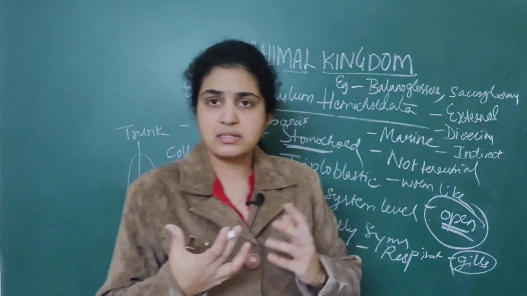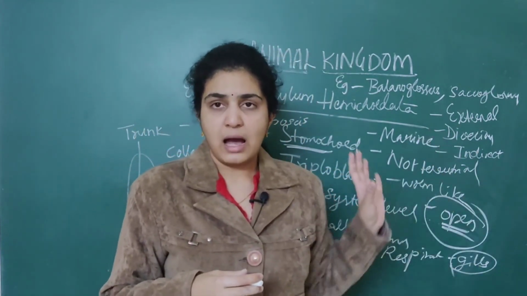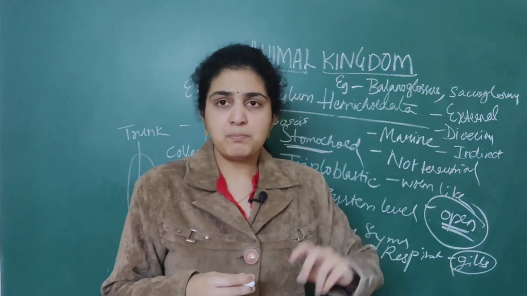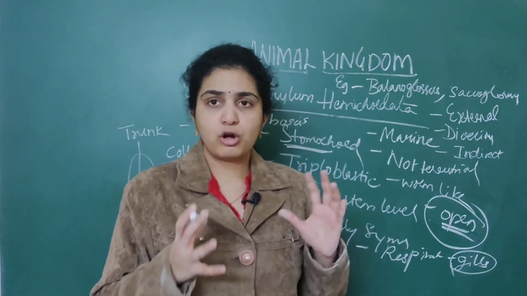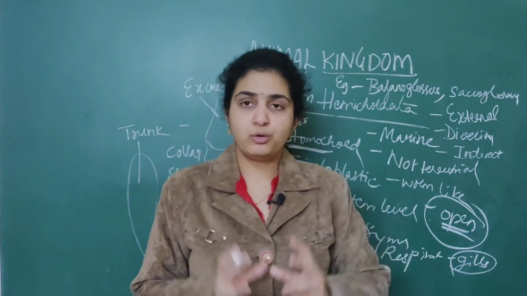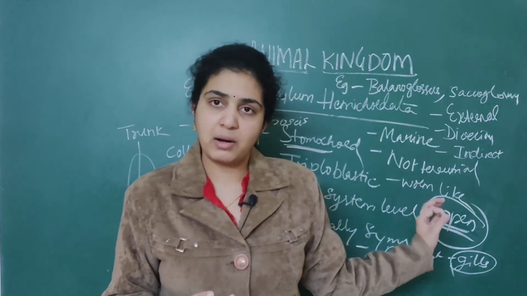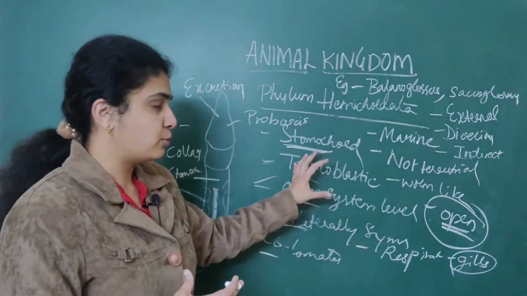You can see there is some rhyming related to this. So these two come under phylum Hemichordata. Only two examples are related. Glossus, anything which comes will come under Hemichordata only. I am saying an easy way to remember for you.